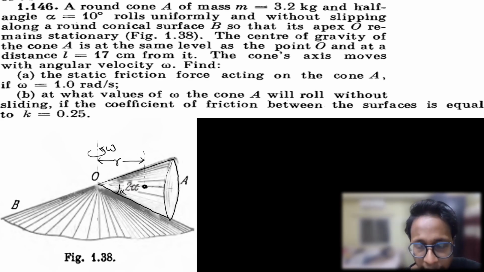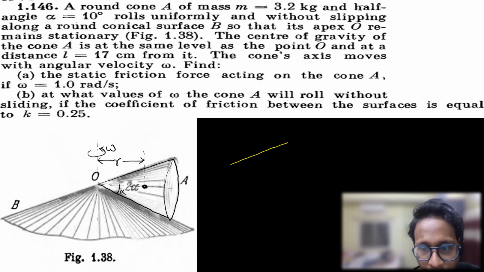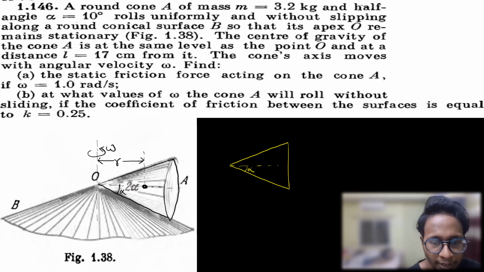So can I draw the free body diagram? Obviously I can. So let's draw the free body diagram of the cone. This is nothing but the free body diagram of the cone. The half angle is given as alpha. If I draw a straight line out here, how much is this angle? If this angle is alpha, can I say this angle is also alpha? Check. This angle is also alpha, isn't it?